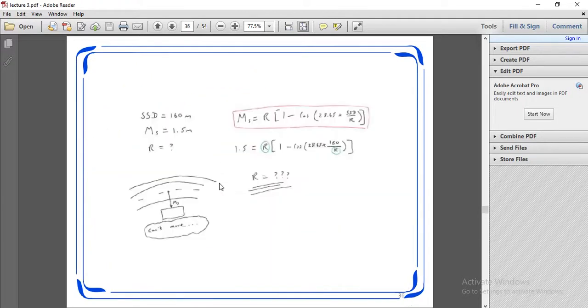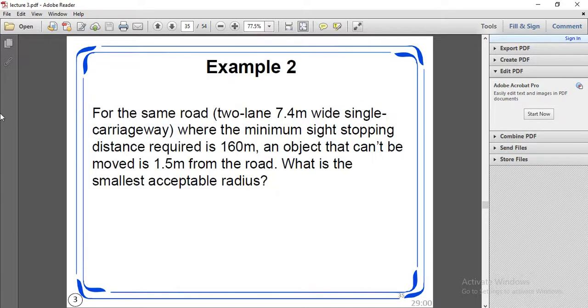For the same road, a two lane 7.4-meter wide single carriageway where the minimum stopping sight distance is 160 and an object that can't be moved is 1.5 from the road, what is the smallest acceptable radius?